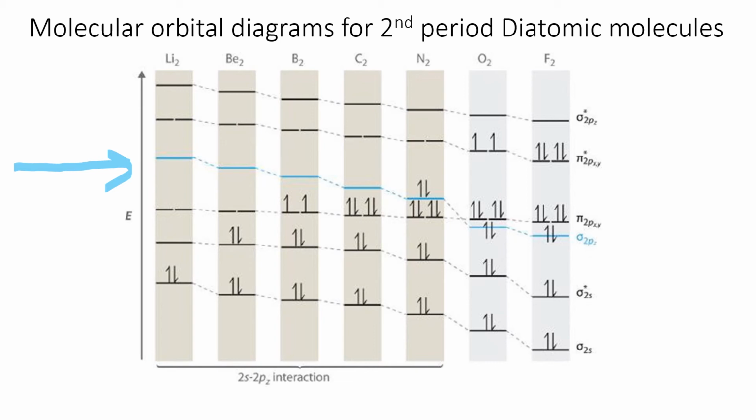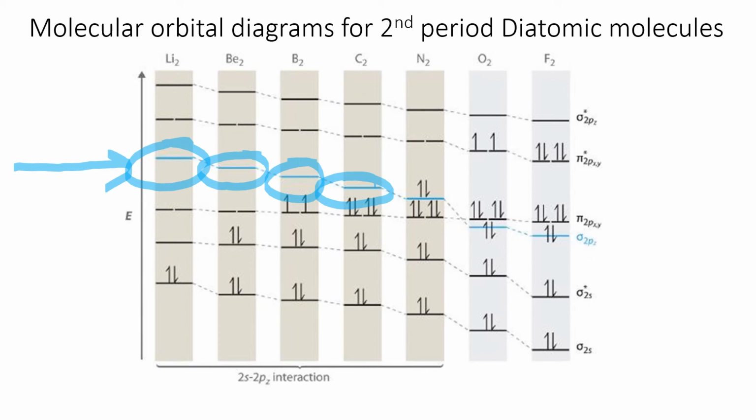As you can see, it started off much higher in energy than the pi 2p. It's much higher in energy. But as we've gone on, it has started to drop in energy. You see it's getting closer and closer to that pi 2p energy.